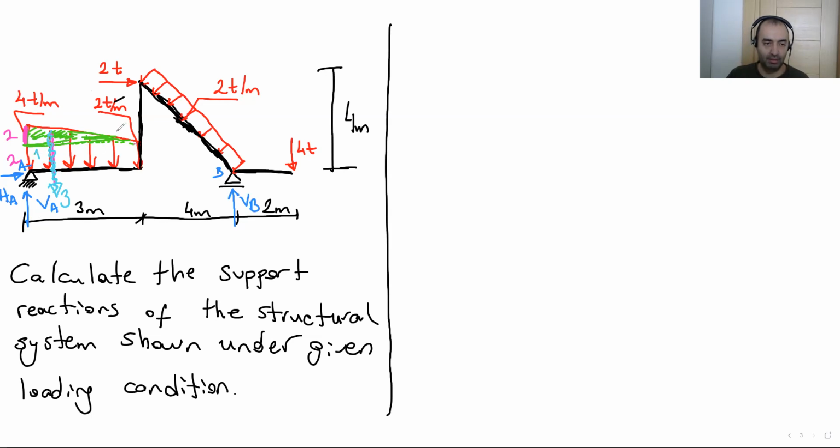The total is 3, so this part is 2 meters. So we put this 3 ton concentrated load 1 meter away from the pin support at the left-hand side. Okay, we have just found its location. We completed the triangle.